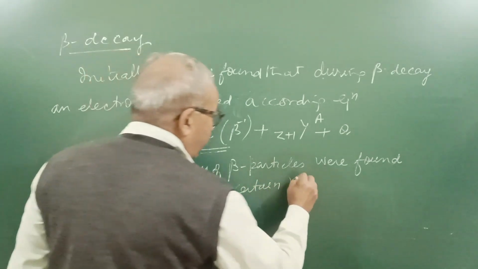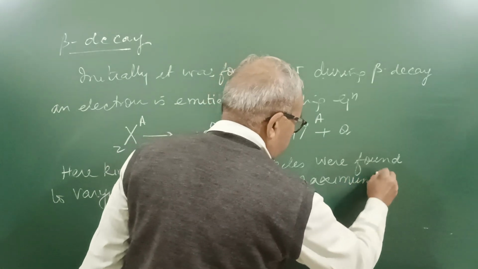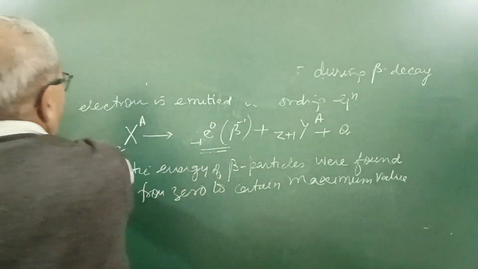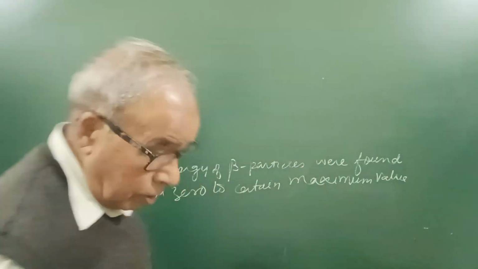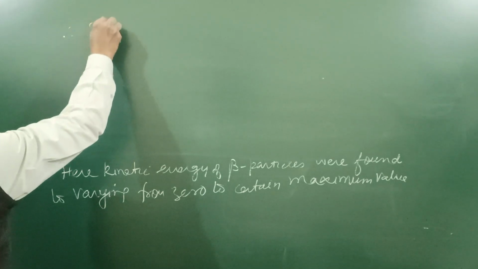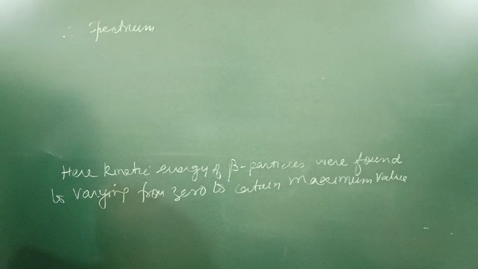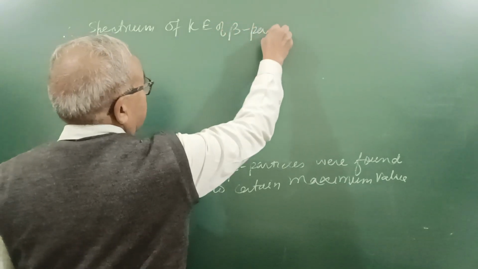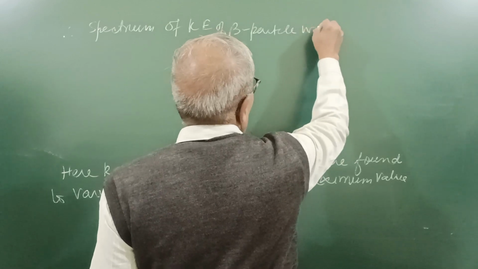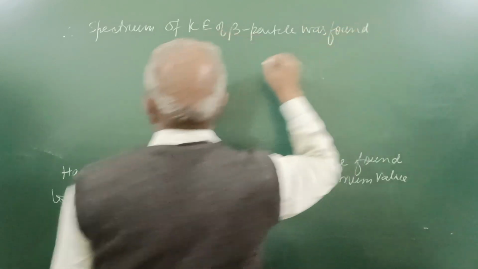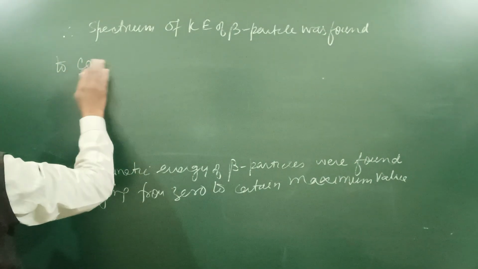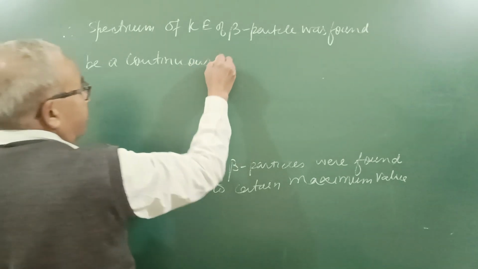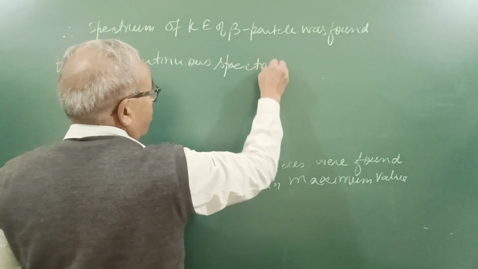That means the spectrum of kinetic energy of beta particles was found to be a continuous spectrum, like this.